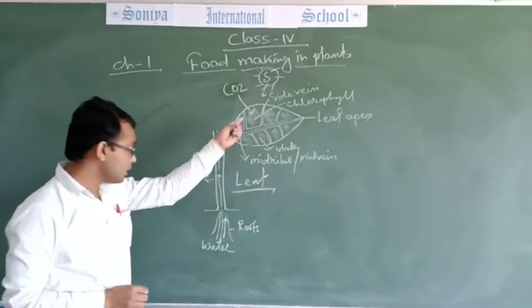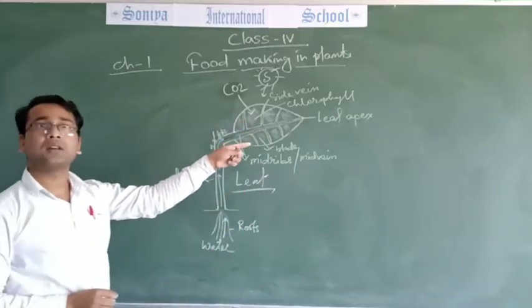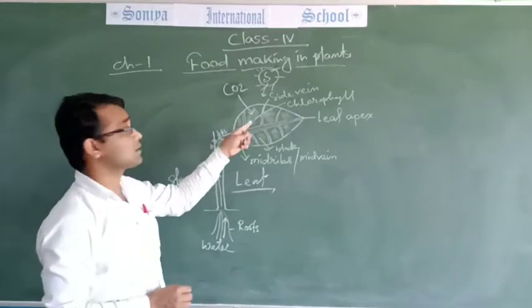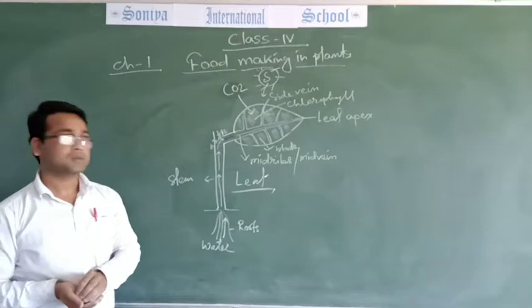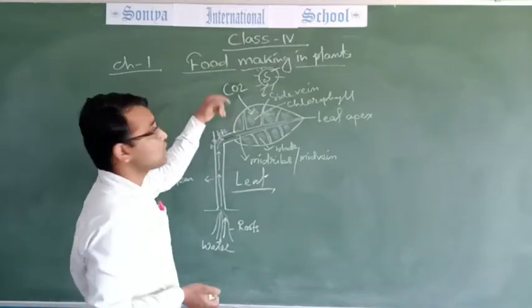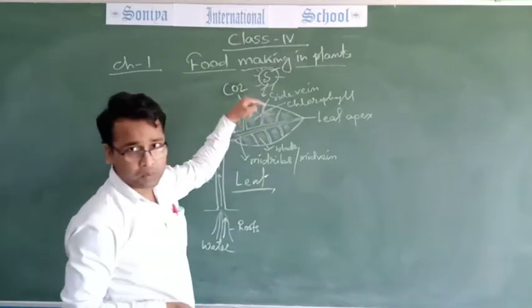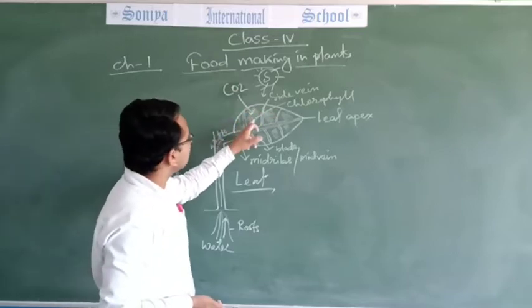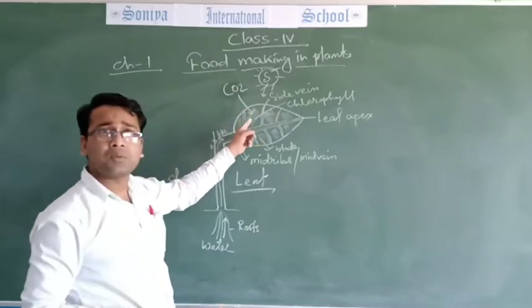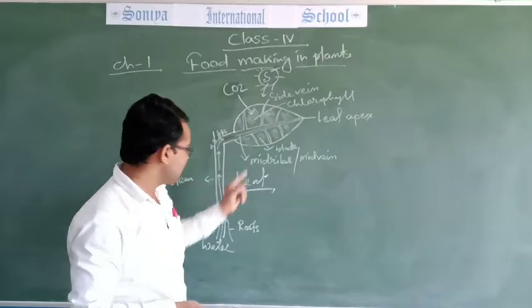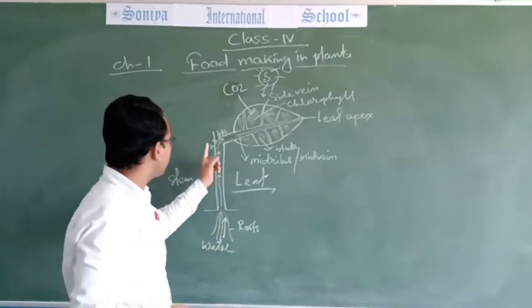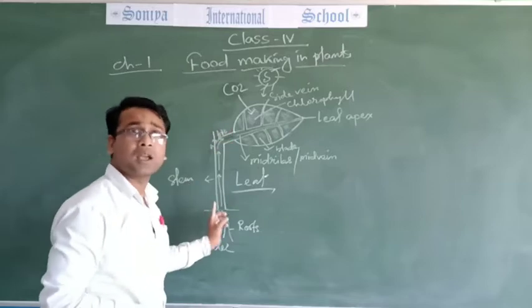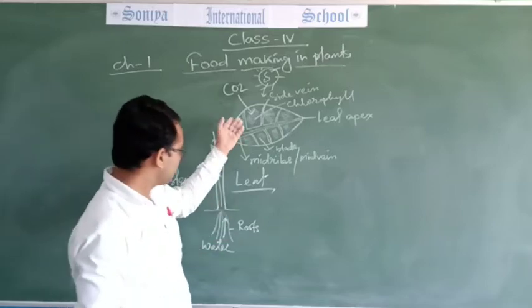Is that clear? Leaves are like a container. Carbon dioxide comes from the air, sunlight from the sun. Here are the leaves, then here is chlorophyll, and water comes by the roots with the help of xylem.